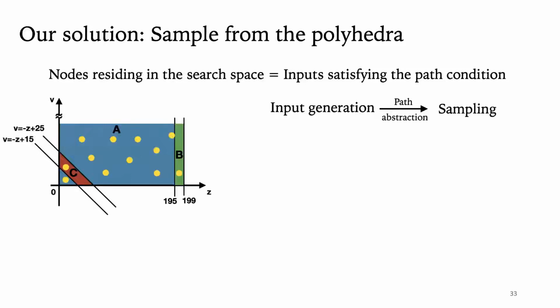To efficiently generate the input that can reach the branches just found by constraint solving, we find that the nodes in the search space described by the path abstraction should be feasible inputs satisfying the original path condition. Therefore, we attempt to sample the new input from the search space described by the path abstraction.